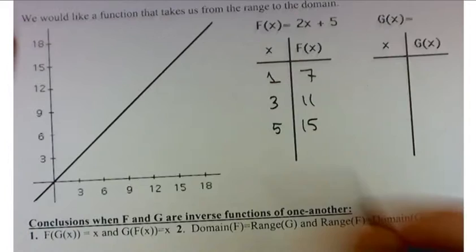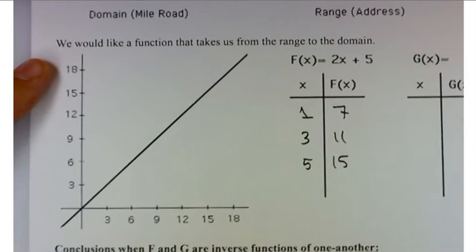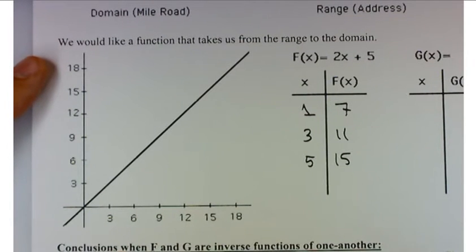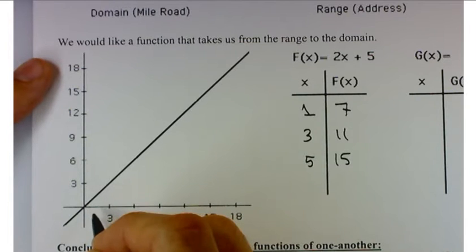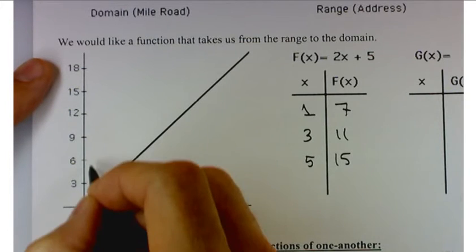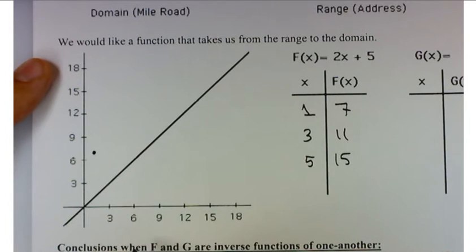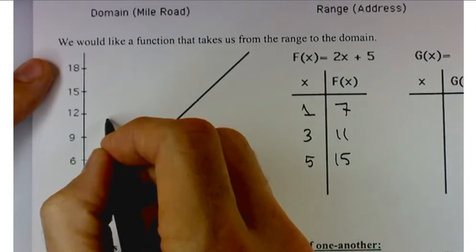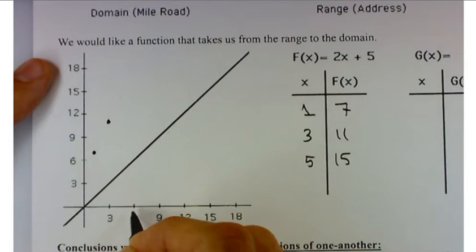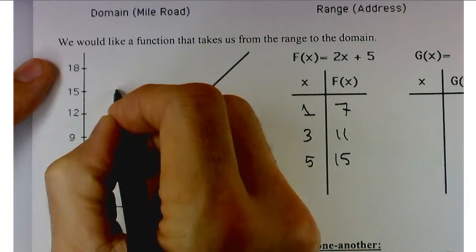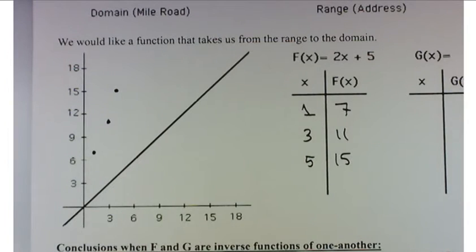Now let's plot these points. I've got a nice XY axis here. So you're going to have to kind of estimate them a little bit. We've got 1 and 7, which is about here. And then 3 and 11, which is about here. And then 5 and 15, which is about here. I've got some rulers up here if you'd like to borrow one. Help yourself.